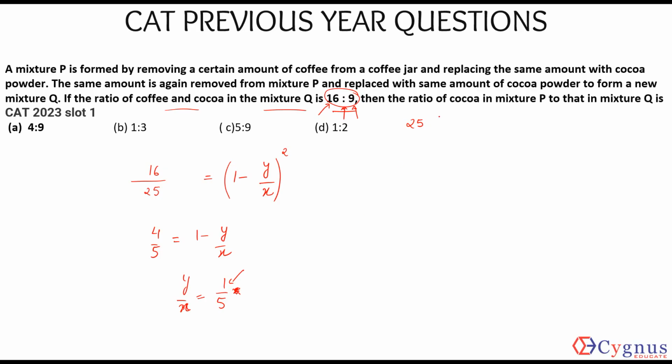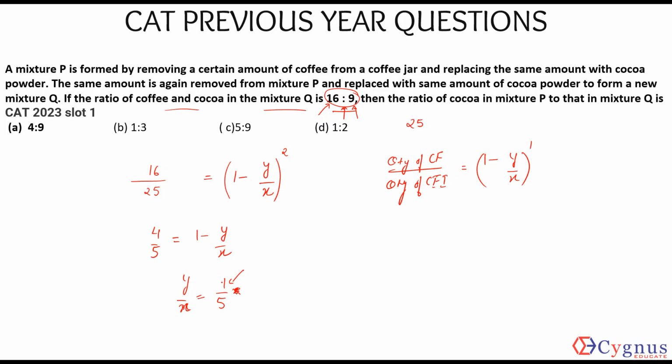Now what's the question? The ratio of the cocoa in mixture P. How did we get the mixture P? When I removed it only once: 1 minus y by x raised to the power 1. When you did it the first time, the quantity of coffee left by the quantity of coffee present initially must be equal to 1 minus y by x.